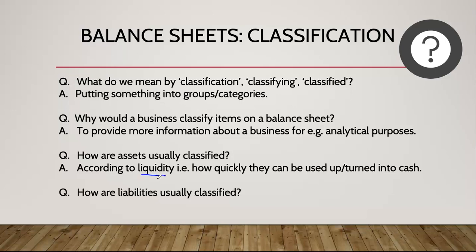How are liabilities classified? How urgently they need to be repaid. So that's all we're doing when you see the word classified balance sheet, which in units 3 and 4 accounting, you almost always will from now on. We're just putting our assets and liabilities into more categories to give better information.